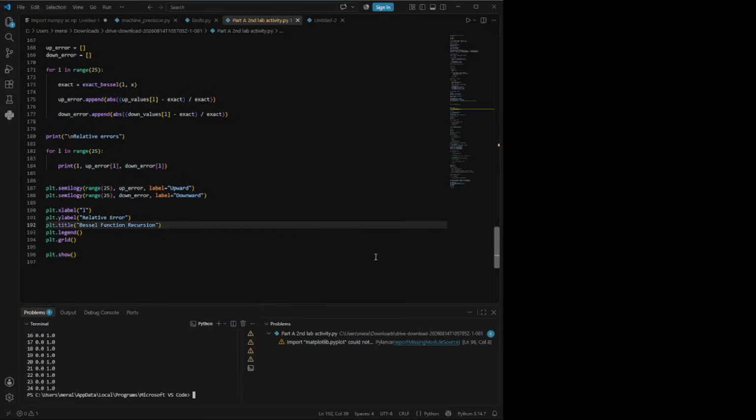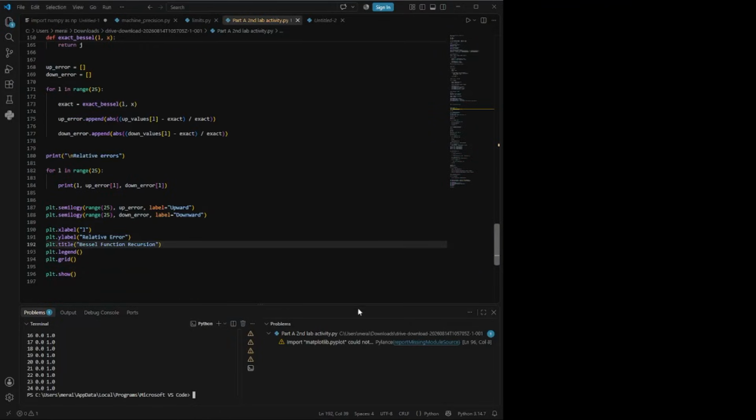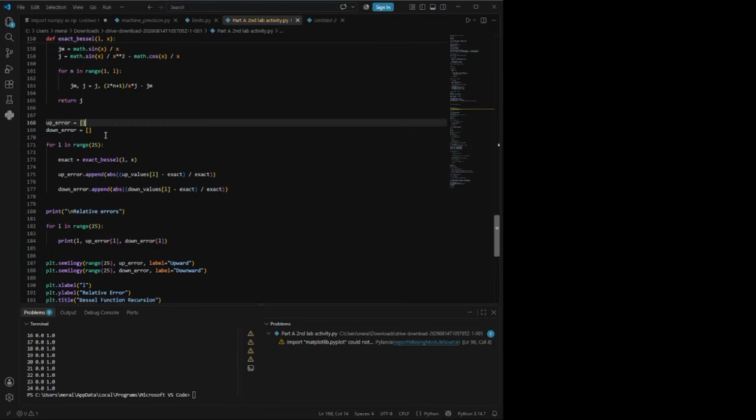In part B, I learned the Taylor series can become inaccurate for large values because of round-off and cancellation, and reducing the input can improve the result. But in part C, I learned that a recurrence relation can be unstable in one direction and stable in another, which is my downward error was much more stable than my upward.